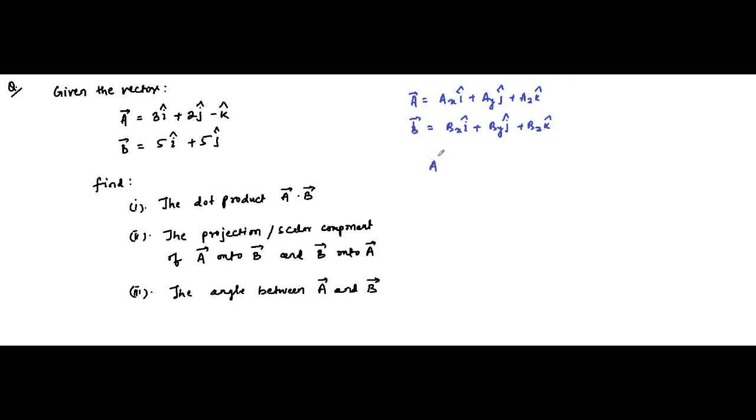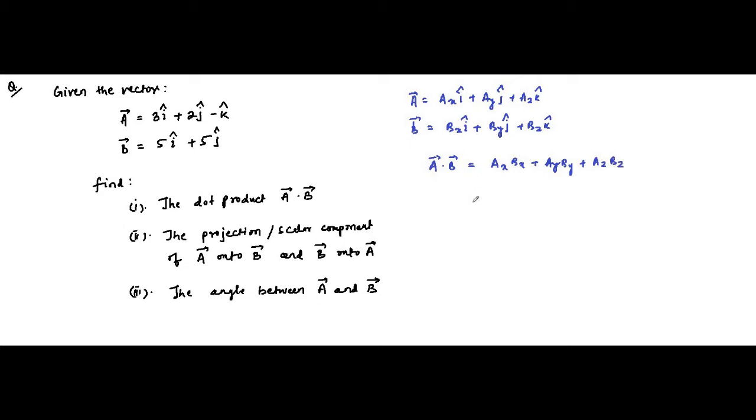The dot product is simply expressed as the sum of the products of the x components, y components and z components respectively of both the vectors: ax bx plus ay by plus az bz.